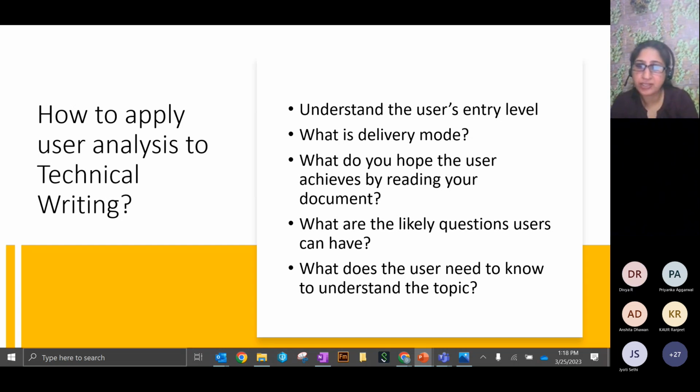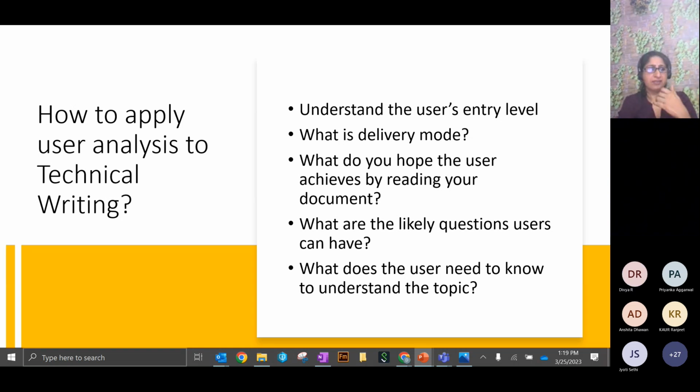What do you hope the user achieves by reading your document? So when we talk about that, is it that you want to create a troubleshooting guide because you're helping them solve a problem? Or you want to give them some quick tips, probably in videos, or some reference material, maybe API documentation?